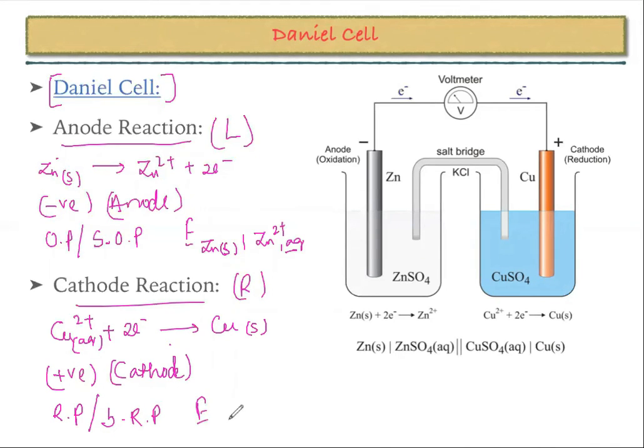The potential can be written as Cu2+ aqueous medium, then Cu solid, okay? So this is the half cell reactions. How can you write the cell reaction? In the coming slide we'll learn how to write the cell reactions. I think this part is clear to you.